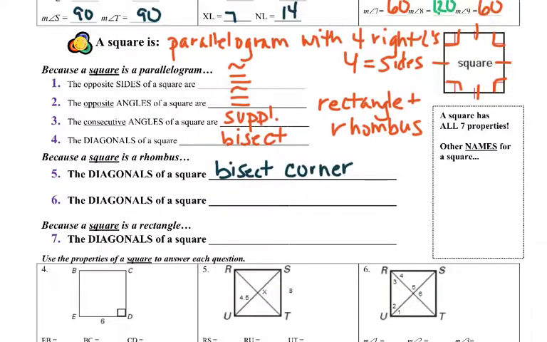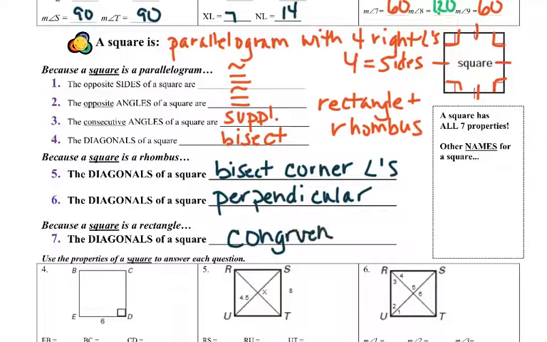And that's going to give us mini 45s. The diagonals are perpendicular. They're going to meet in a 90-degree angle in the middle. And because it's a rectangle, the diagonals are congruent. So it's kind of everything. The square has all 7 properties.